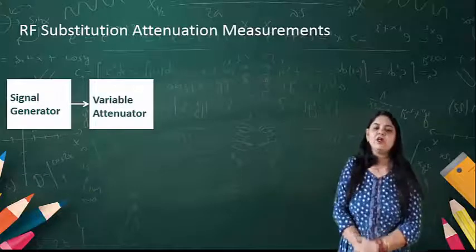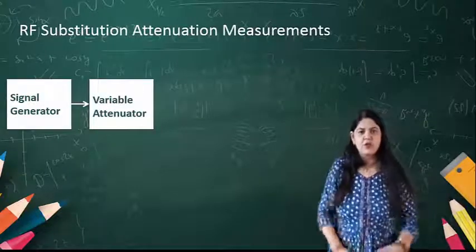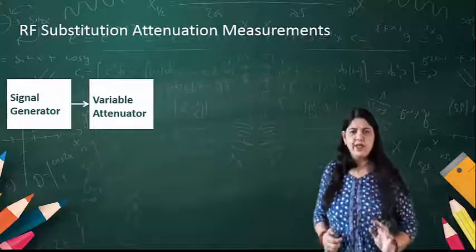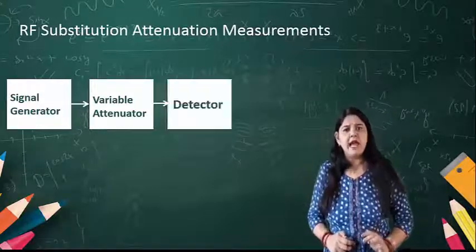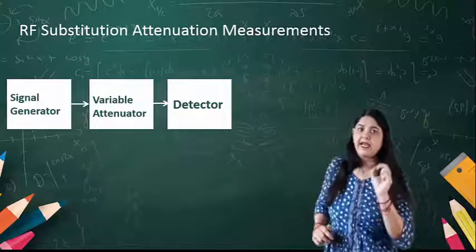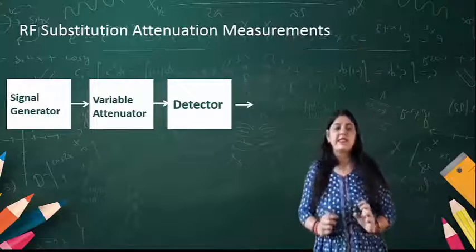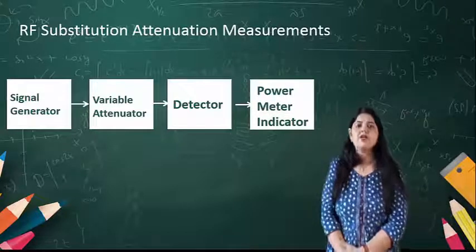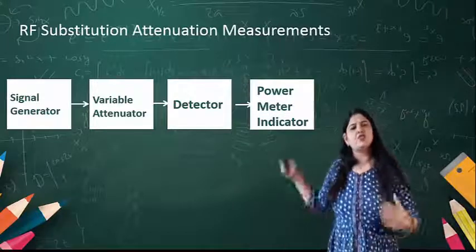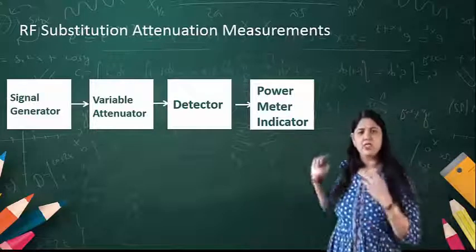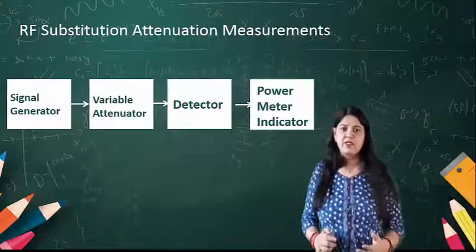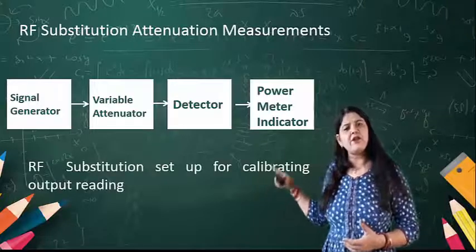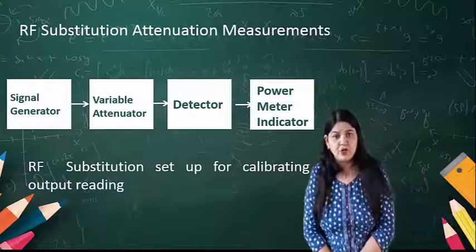It is given to the variable attenuator, then the detector detects the signal, and the detected output can be measured using the power meter indicator. It is a simple way to measure the attenuation that you are adding. This is the RF substitution method for calibrating the output reading.